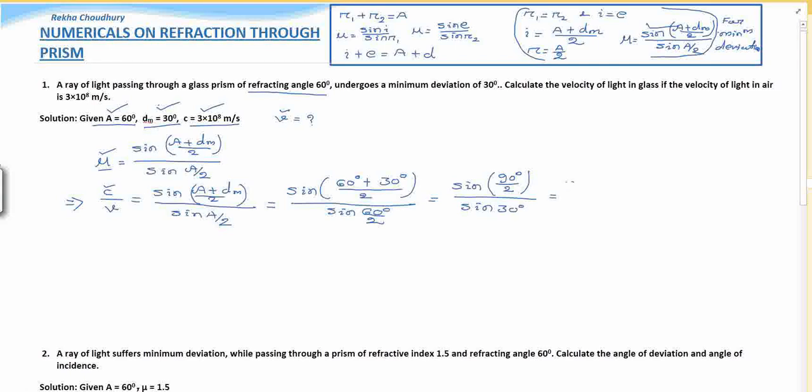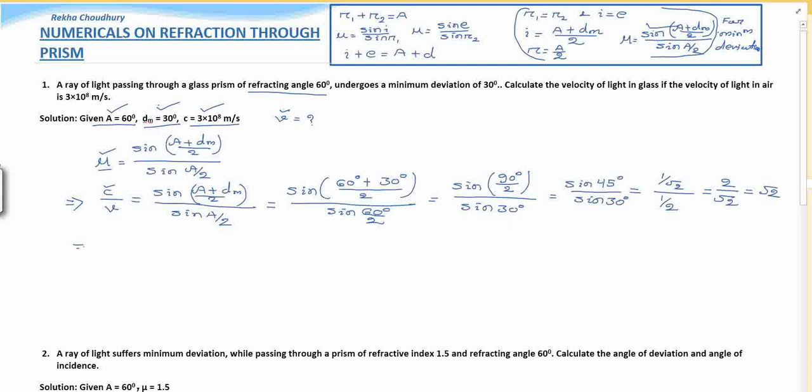So this is equal to sin 45 degree divided by sin 30 degree. We know that sin 45 degree is equal to 1 by root 2 and sin 30 degree is equal to 1 by 2. So this is equal to 2 by root 2. So this is equal to root 2.